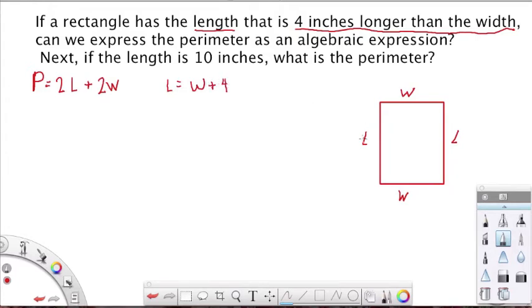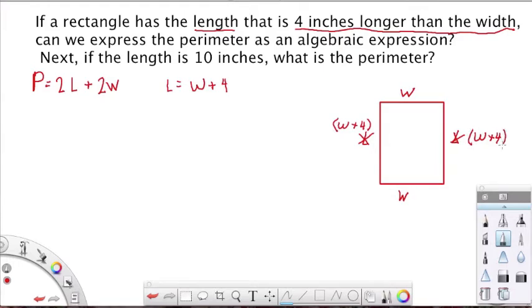So here we can get rid of this. The length is W plus 4. Now I'm going to put that in parentheses because it's a package deal.